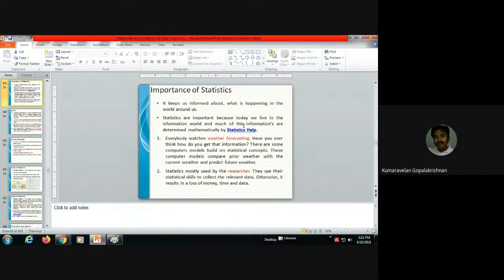Don't worry. You can find statistics everywhere. For example, weather forecasting is statistics. Or a social science researcher, with the help of statistics only, he will do all these kinds of computation.